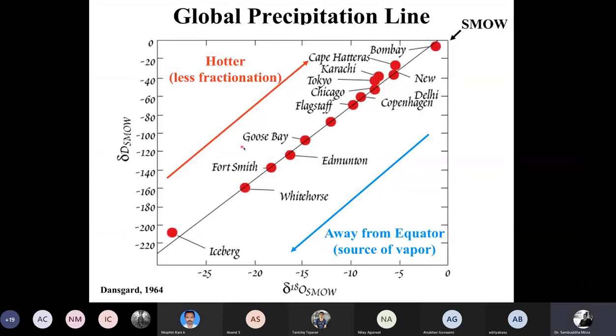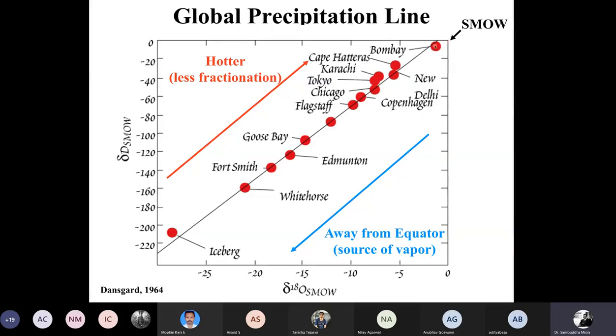A good example is the global meteoric water line. What we are looking at here is delta 18O of the mean precipitation water and the delta deuterium of the precipitation water, on a small scale. This is the 0-0 axis. And then we are moving away from the coastline.